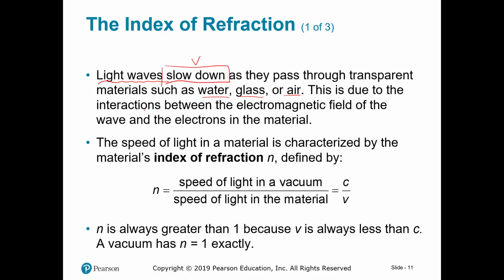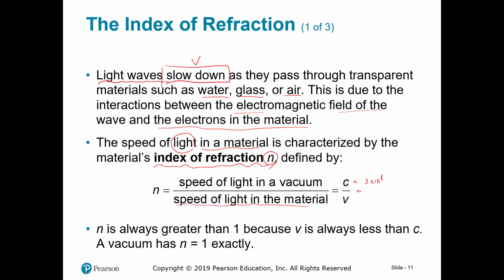This is due to the interaction between the electromagnetic field of the wave and the electrons in the material. The speed of light in a material rather than vacuum is characterized by the material's index of refraction n, which is defined as c, 3 times 10 to the 8, divided by v, the speed of light in that material.